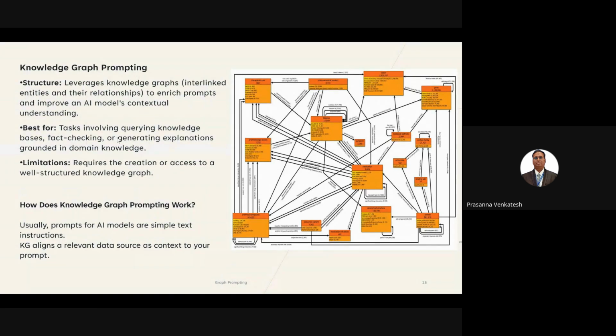All the nodes and relationships are represented in a tabular format. Once you have the data in a tabular format, embedding is a straightforward translation of your content to an embedding format. And the chain of thought as well as the graph of thought is basically querying this particular tabular content. That's it. That's the understanding.